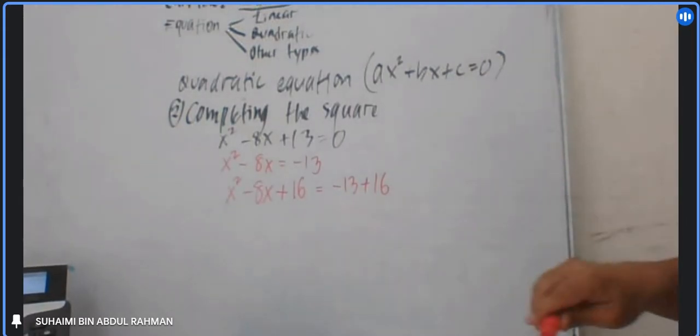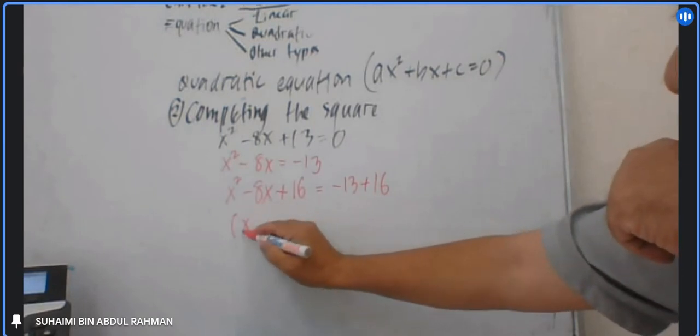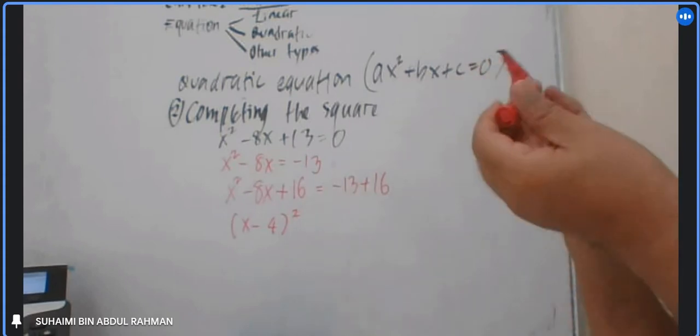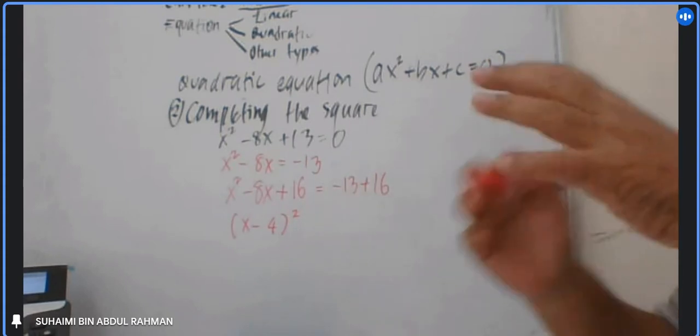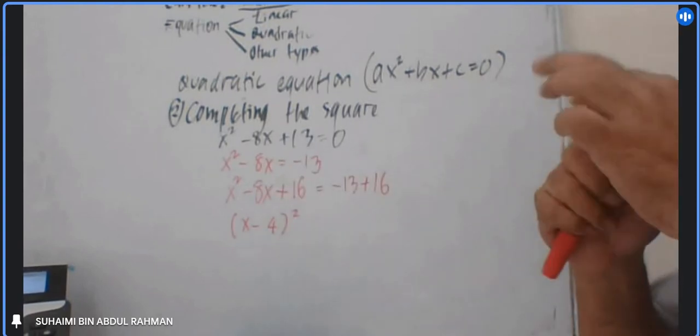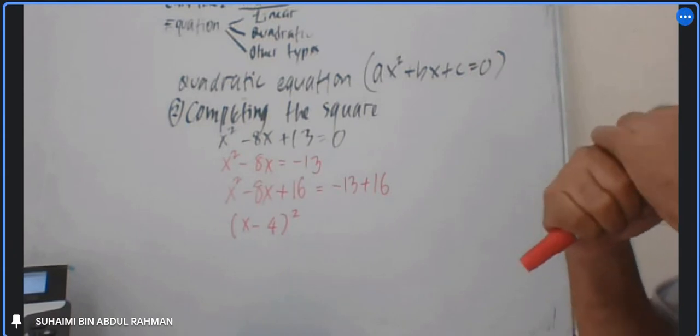Simplification of this is x minus 4 squared. And if you try to expand x minus 4 squared, you're going to get back x squared minus 8x plus 16.